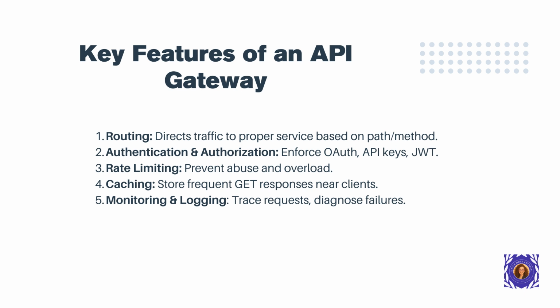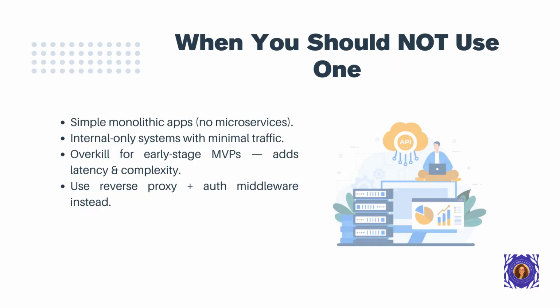Despite their benefits, API gateways aren't appropriate for every situation. If you're building a simple monolithic application without microservices, adding a gateway is unnecessary complexity. Similarly, for internal-only systems with minimal traffic, the overhead might not be justified.